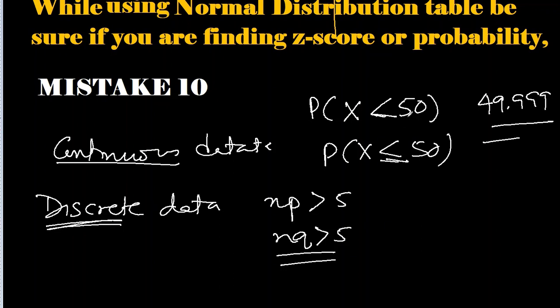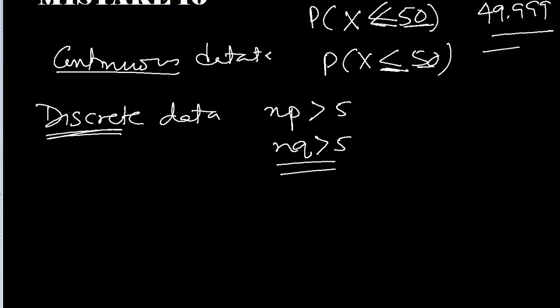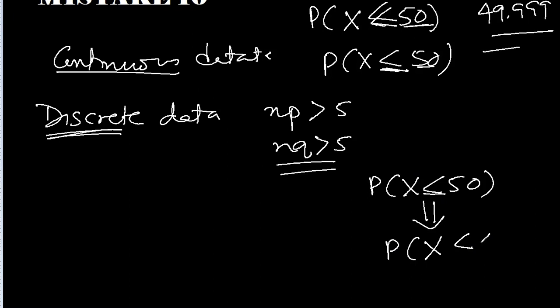But in the case of discrete data, it makes a lot of difference whether you use the equal sign or not. So if the probability is x is less than 50, that means the next number less than 50 is 49. So you will convert this to the probability x is less than 49.5.